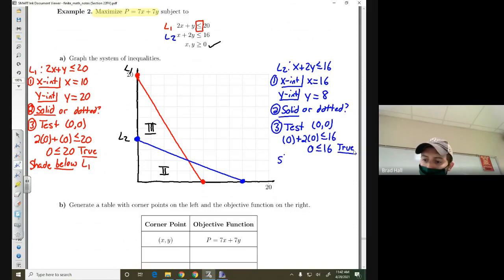So this tells us we shade below L2, the second line, which rules out region 3, because region 3 is above the blue line, or above the second line. That leaves this bottom left region here, which we can go ahead and shade.